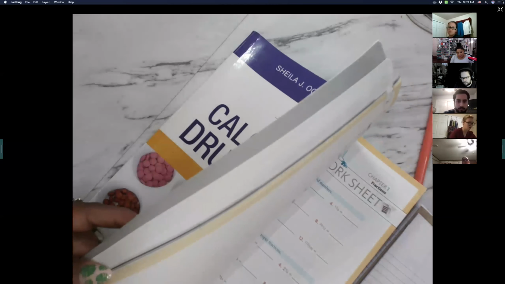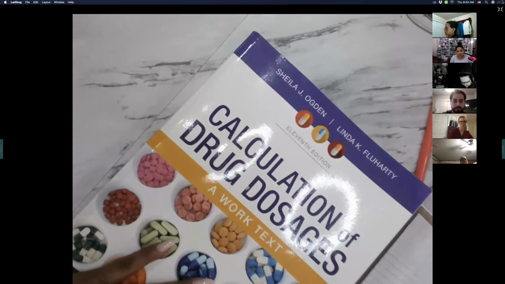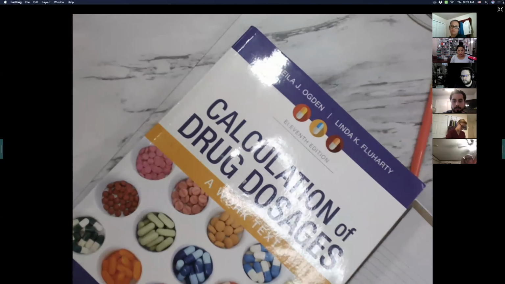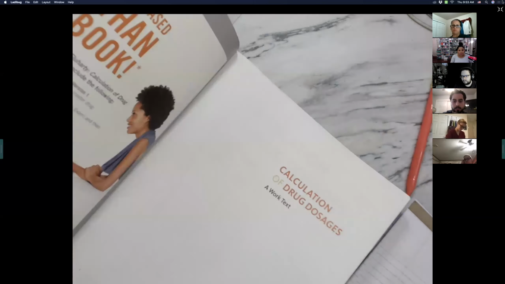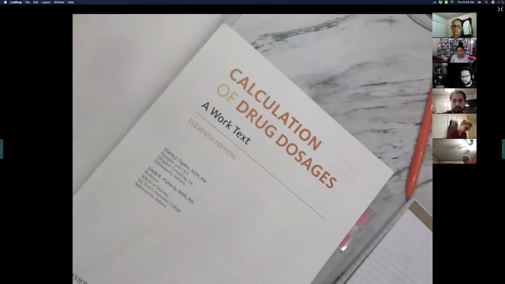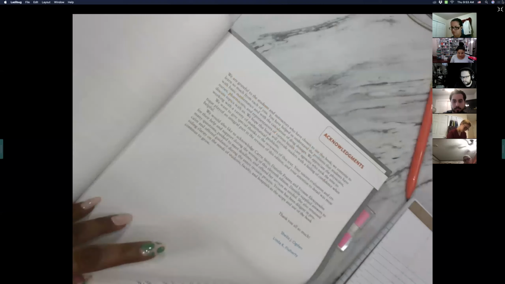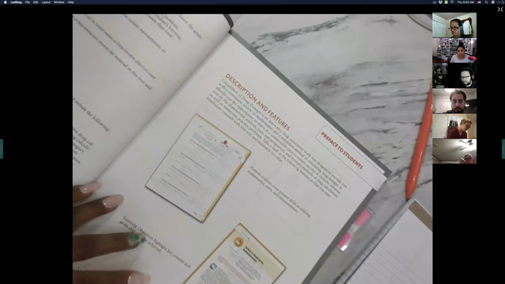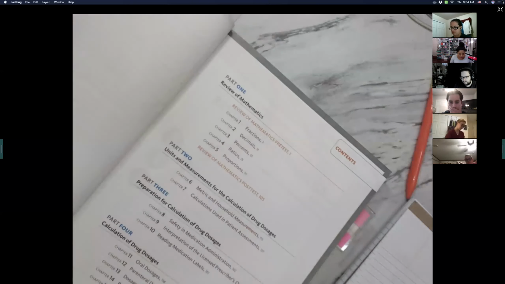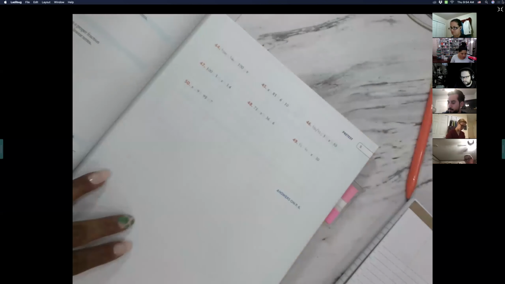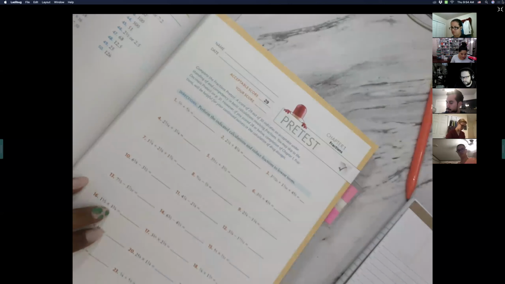So this book, this is my word of caution. This book is not entirely difficult, but this book likes to hide information in the most random places. So this textbook is not a hard read. So I really encourage you guys, 1 through 5, like I said, they're on your own.